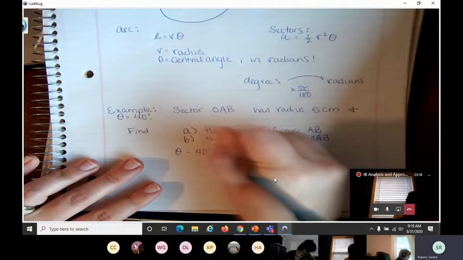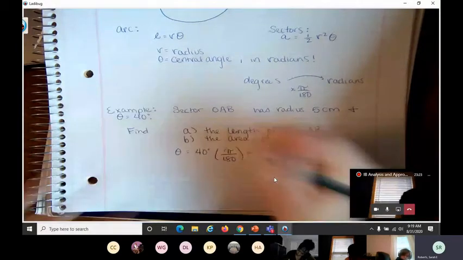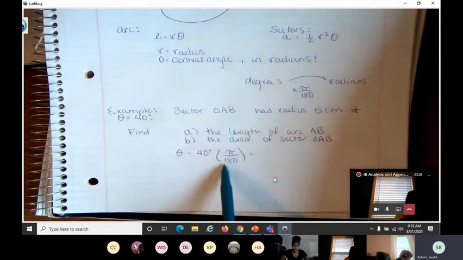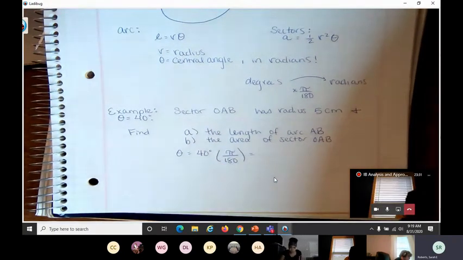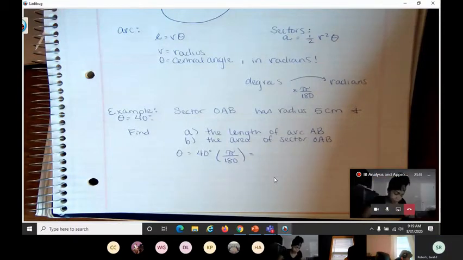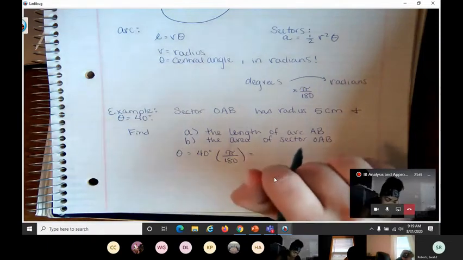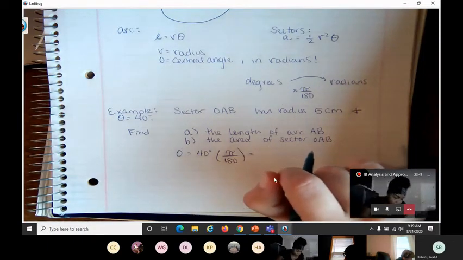Okay, so I'm multiplying by pi over 180. And Imani, can you simplify that for me? 40 times pi over 180. What is that going to give me? Let me put it on the calculator.